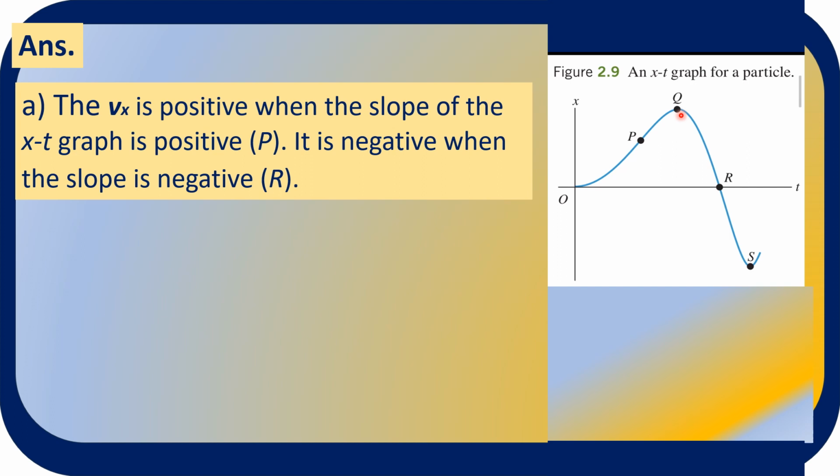All right. Now, likewise, at point S, the line tangent to that point S is also a horizontal line whose slope is also equal to 0. And therefore, we say that the velocity at point S must also be equal to 0.